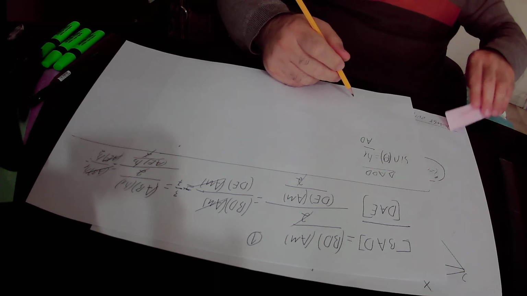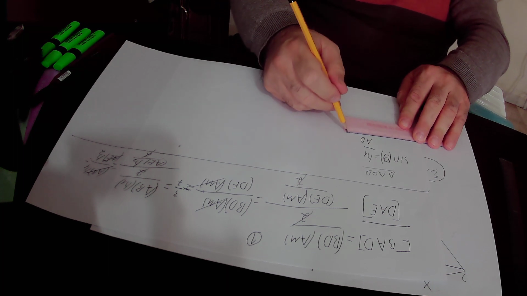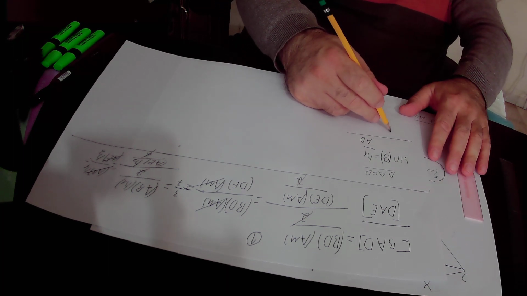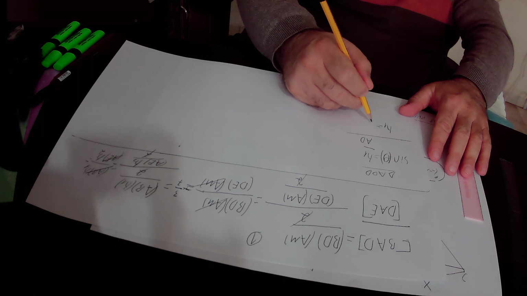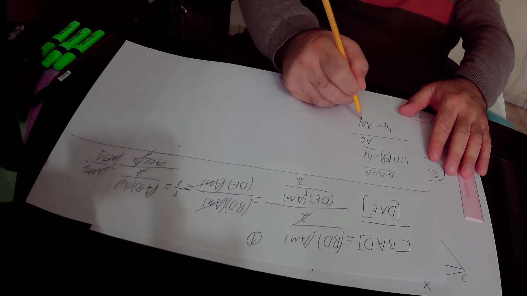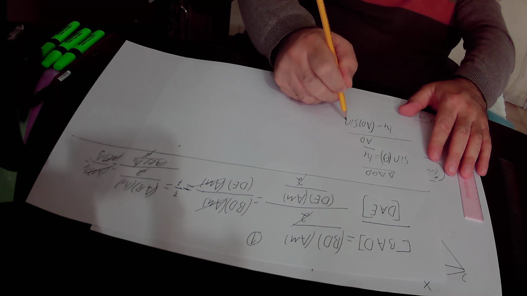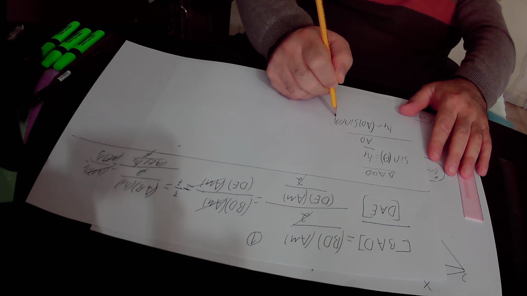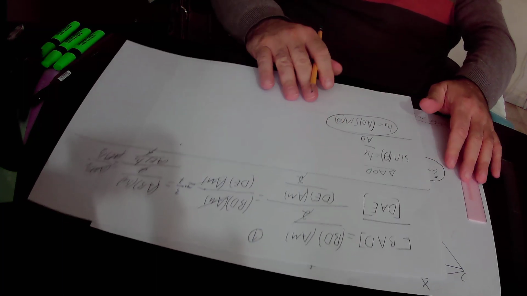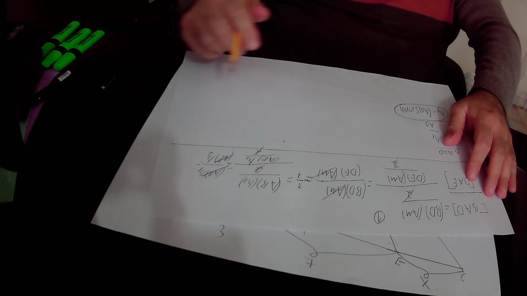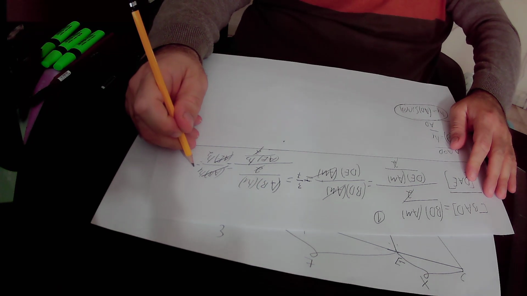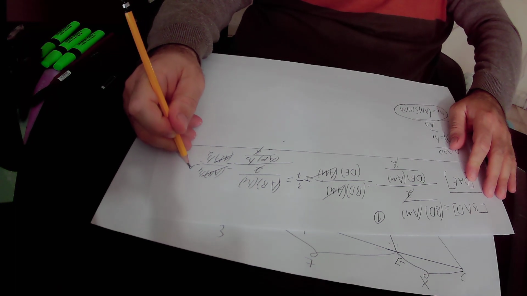We'll multiply this equation by AD, and we will get that the value of H1 is equal to AD sine theta. Okay, now we can substitute H1 by AD sine theta.